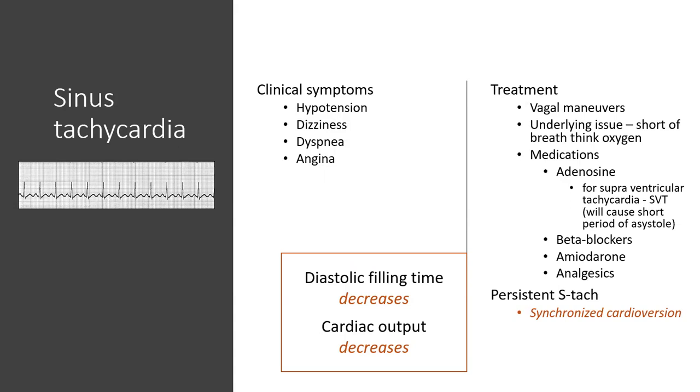Medical management is usually determined by the severity of the problem, to treat the underlying cause. For example, analgesics for pain, fluids for hypovolemia, possible vagal maneuvers, beta blockers to reduce heart rate and myocardial oxygen consumption, calcium channel blockers.